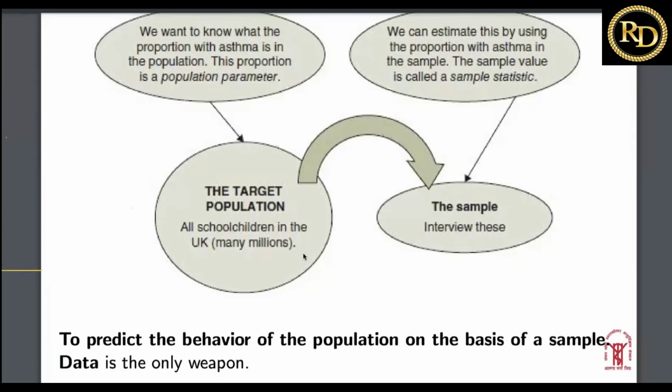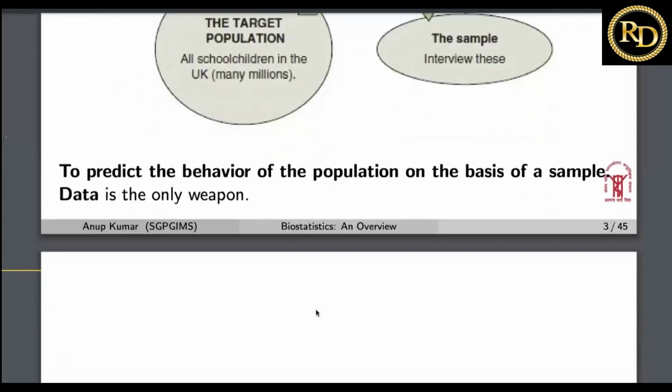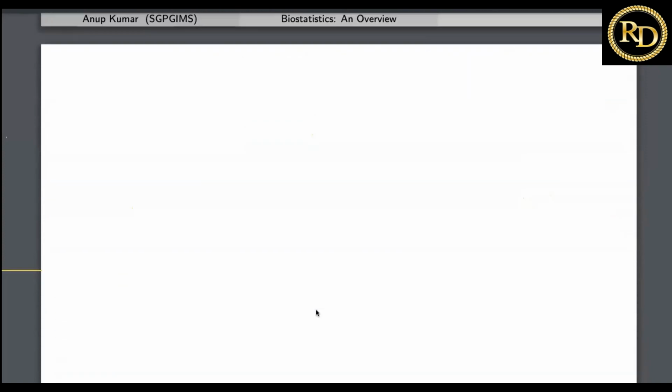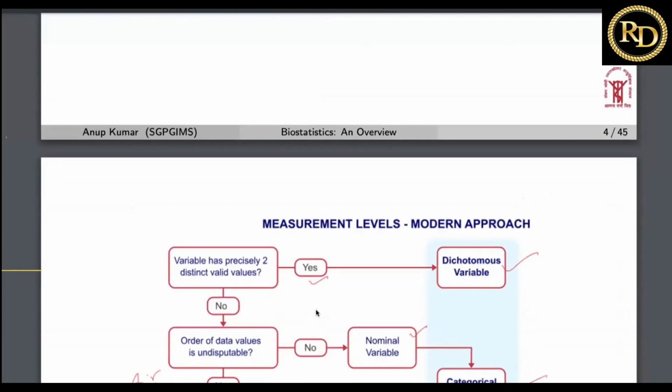So this data is a very important weapon in statistical calculation. So today we try to understand what the different kinds of data in statistical research are.